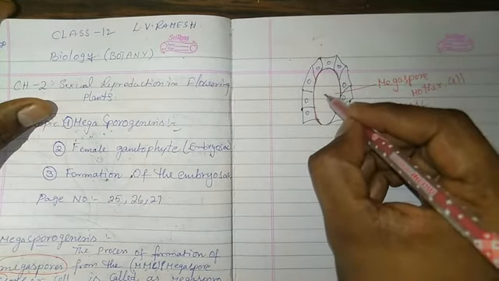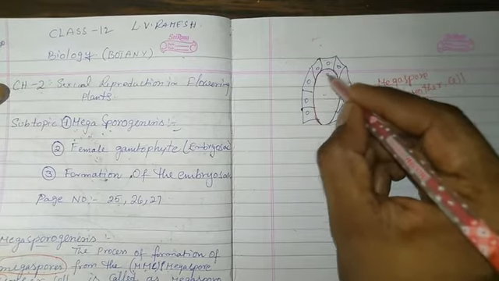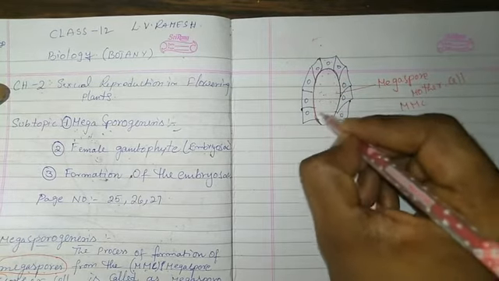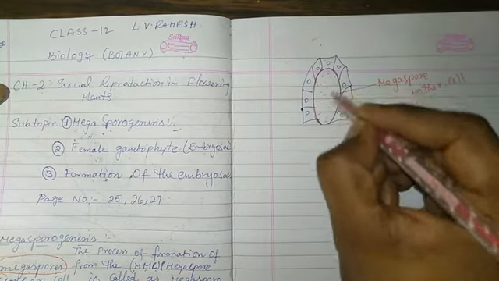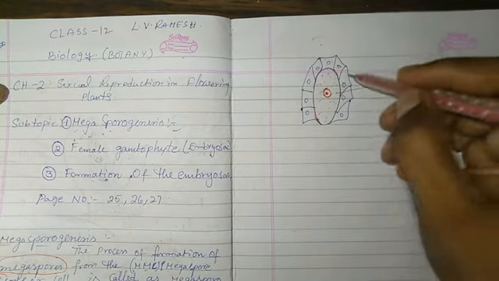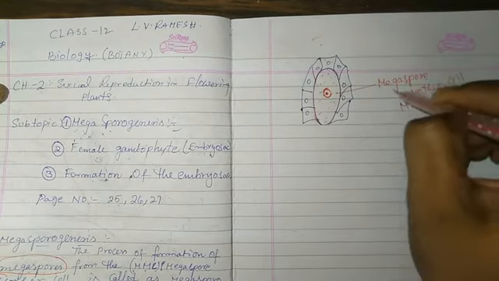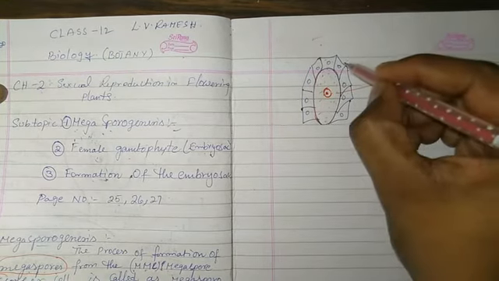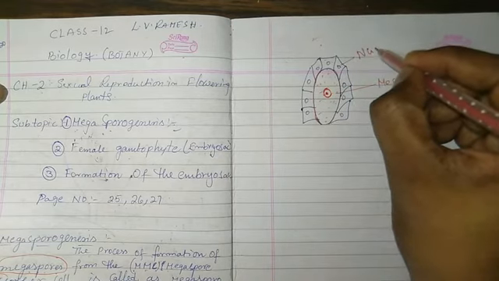This megaspore mother cell has abundant cytoplasm, and a prominent nucleus is also present inside. And what about outside? Outside of the megaspore mother cell is the nucellus.